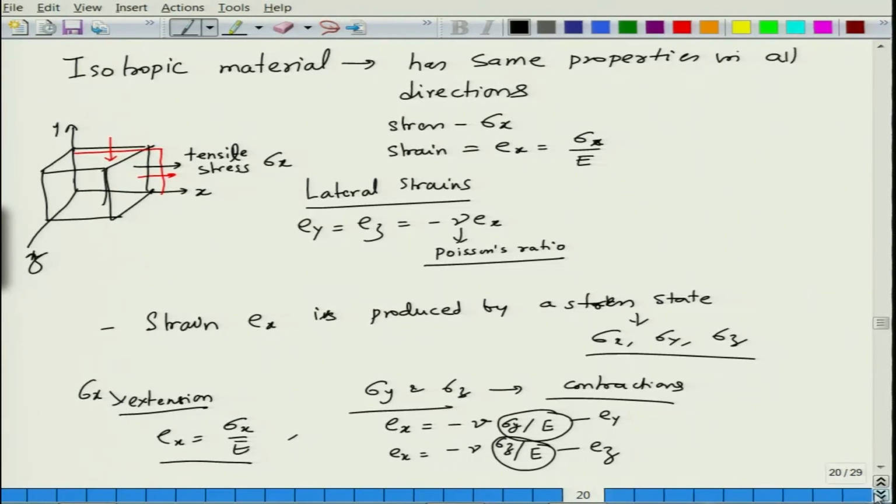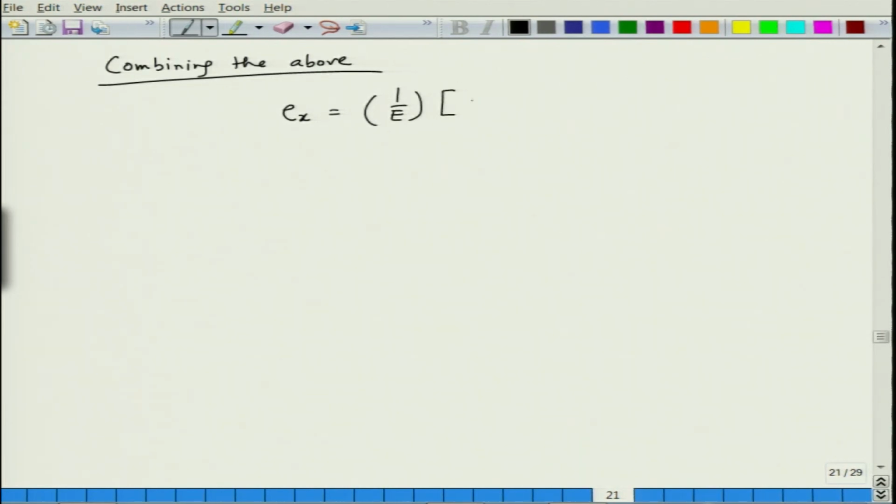So if you combine all these contractions, we get an equation which is Ex is equal to 1 over E into sigma x minus nu into sigma y plus sigma z.